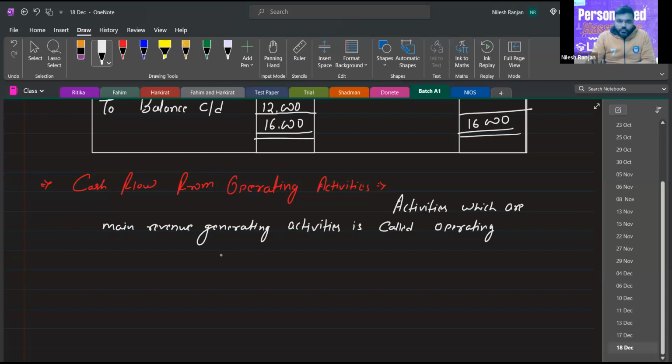Okay, so we know what these operating activities are. Now, inflow and outflow.